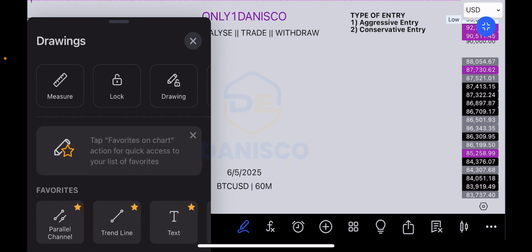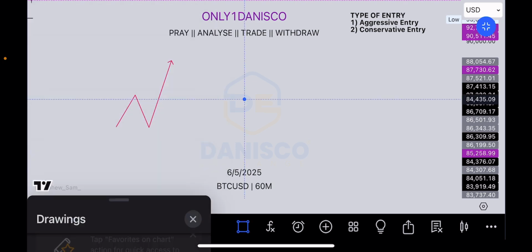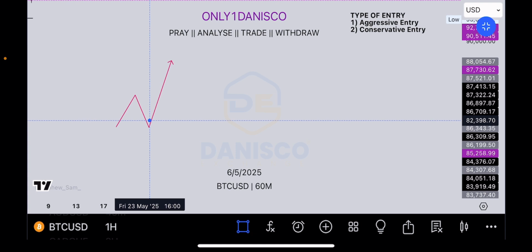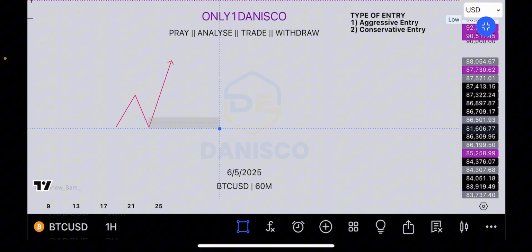Okay, let's say our POI is here. This is our POI. For those of you that don't know what POI is, it is point of interest.